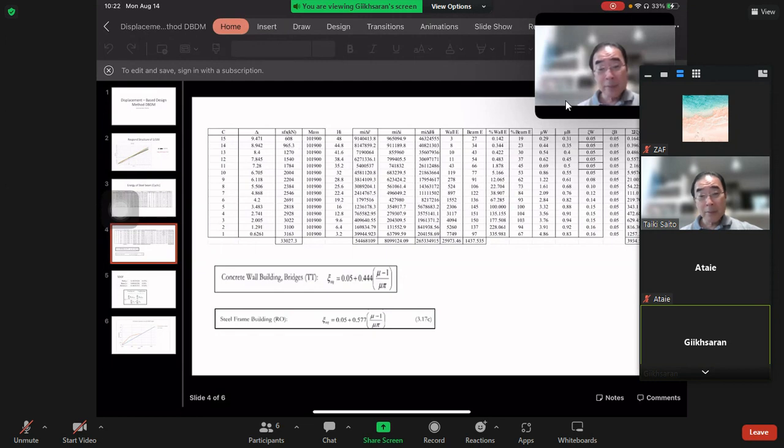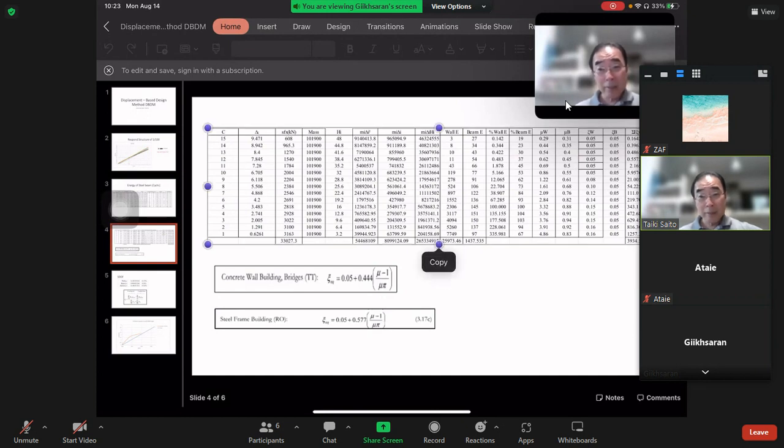For the ductility of the wall, it is less than 1, so it is 0.05. And for the ductility of the beams, all of them are less than 1, so it will be 0.05.